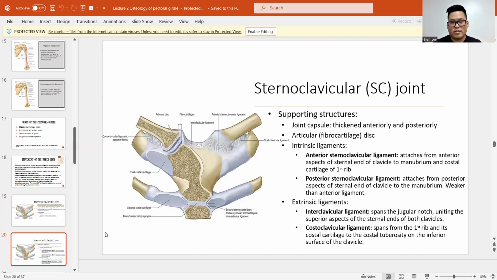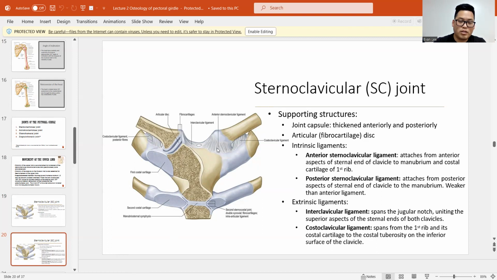So in order for your sternoclavicular joint to stay together, we have a few different ligaments. Luckily, most of these are not too bad. On the anterior side and the posterior side, you have a sternoclavicular ligament, which just helps connect something on the front and the back.